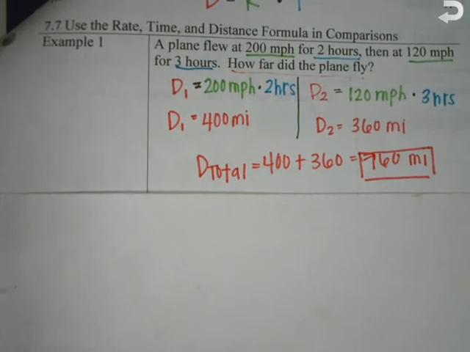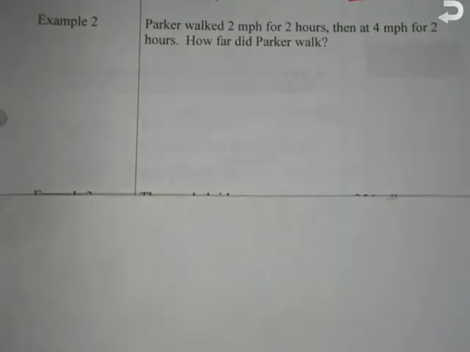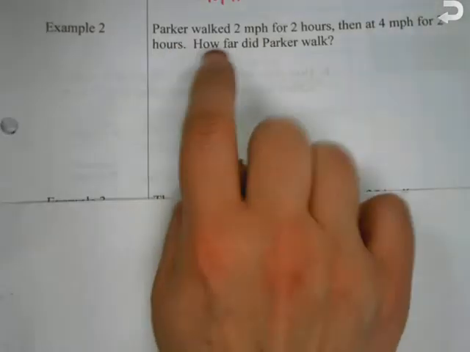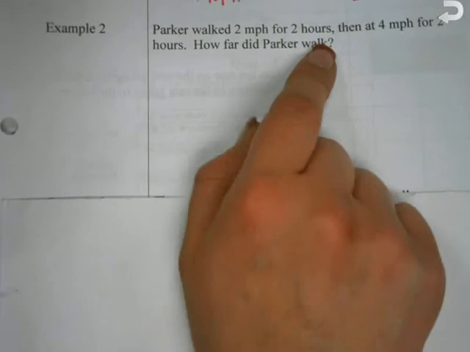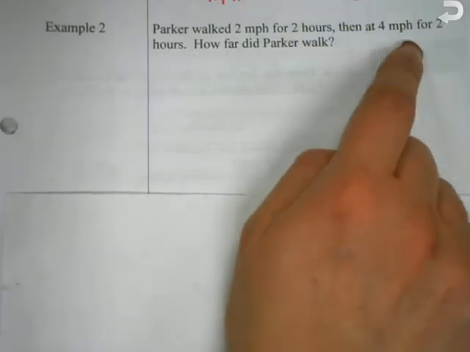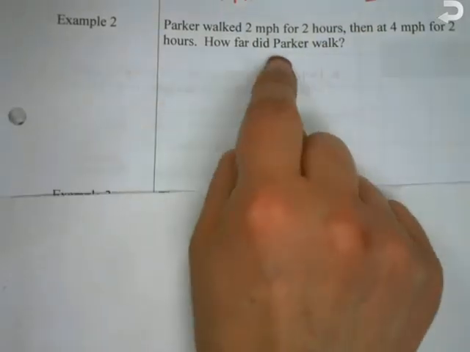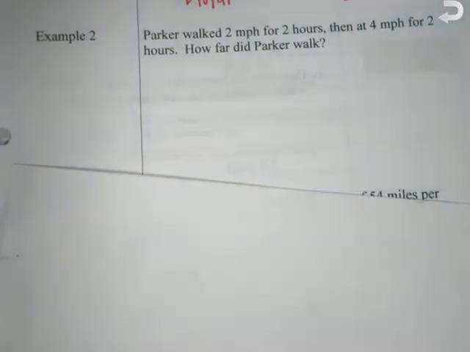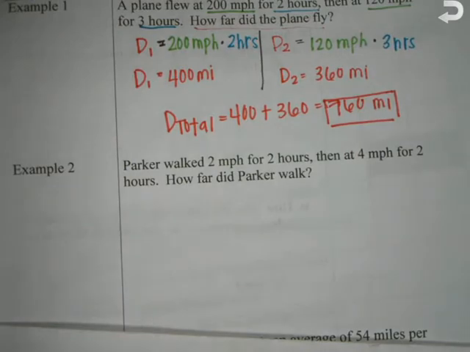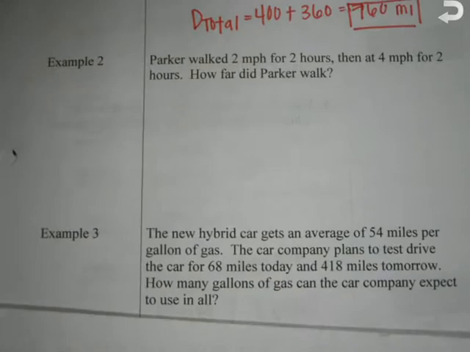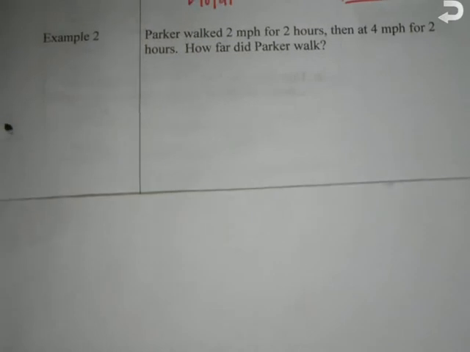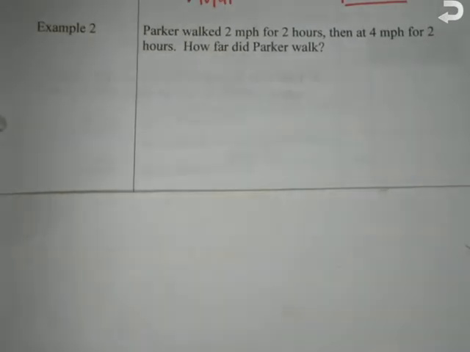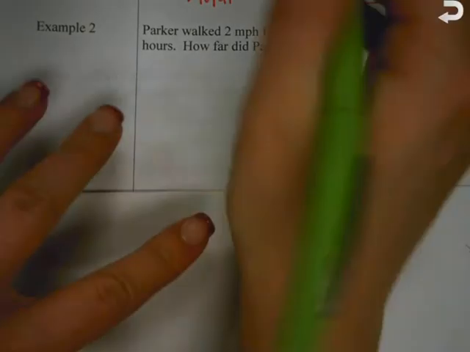Example 2. Parker walked 2 miles per hour for 2 hours, and then at 4 miles per hour for 2 hours. How far did Parker walk? This is similar to the previous problem. We have two pieces of information. 2 miles per hour is your rate. 2 hours is your time.